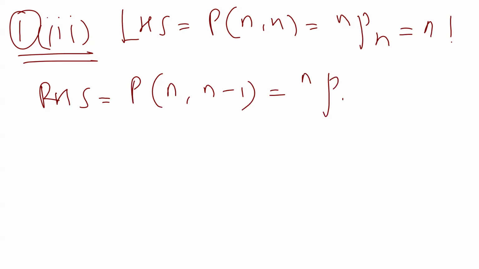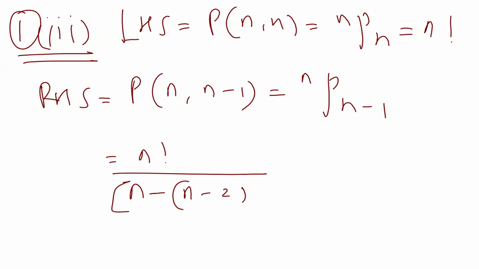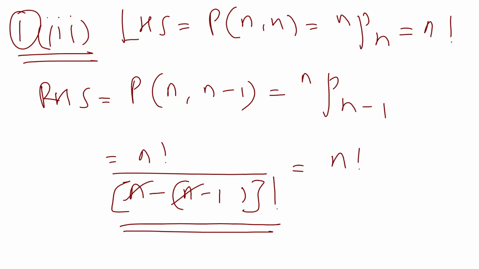So it is nP(n minus 1), n factorial upon (n minus (n minus 1)) factorial, again a round bracket because there is a minus sign. So n and n will go. 1 factorial is 1. So this is equal to n factorial.